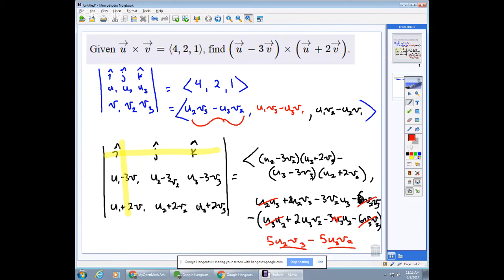Yeah, and the other ones are going to behave exactly the same way because we have the same set of constants. So what this is going to lead to is 5 times the original cross product, U cross V.